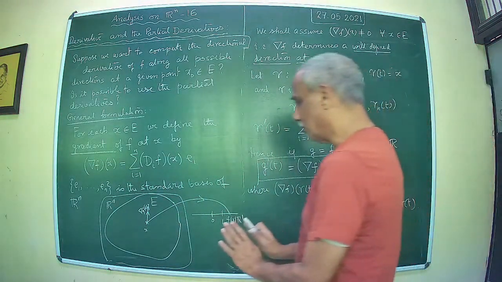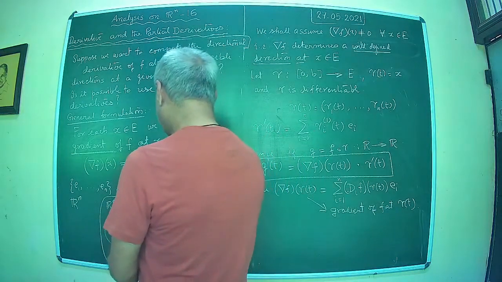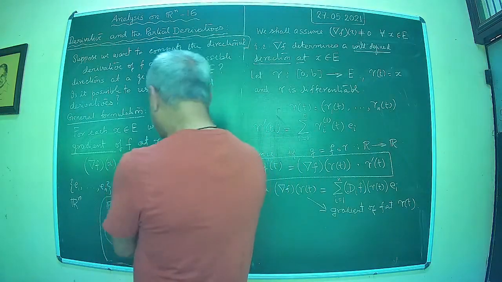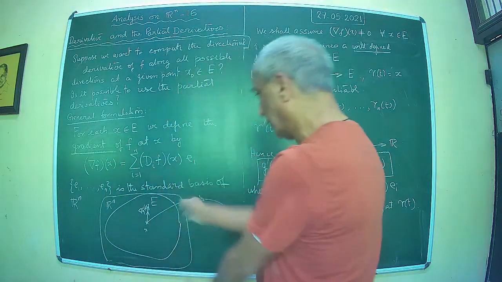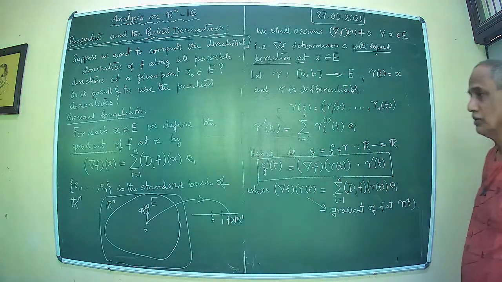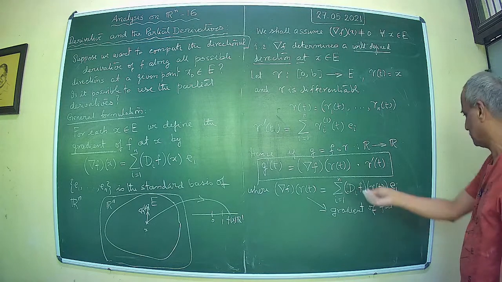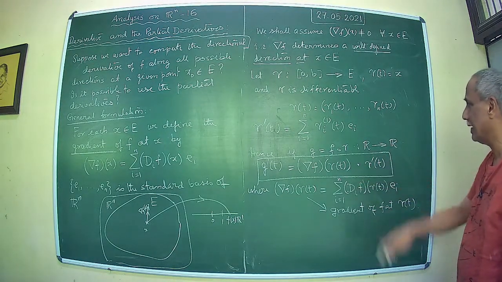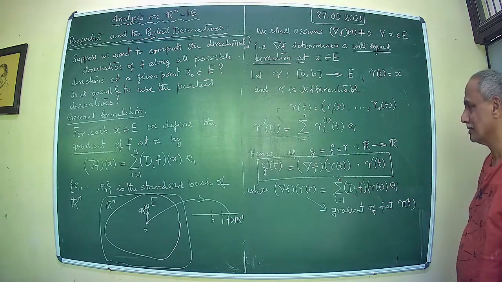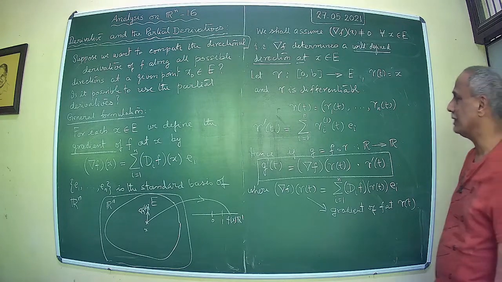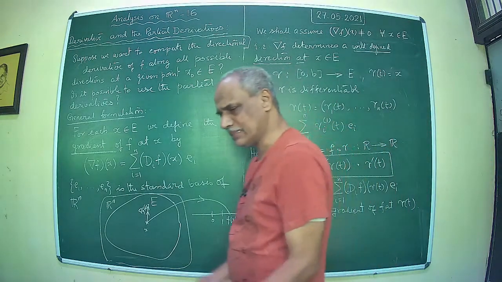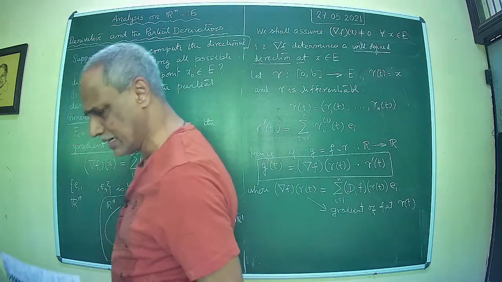Okay. So what we want is, we have grad f giving you some information, or all the information, of the change of f in all possible directions. Okay, that's what we are doing here, right? So if you want to get the change in one direction, now we will see how it really comes.